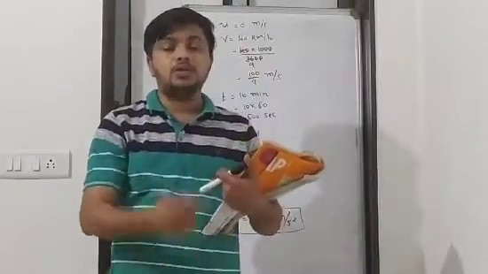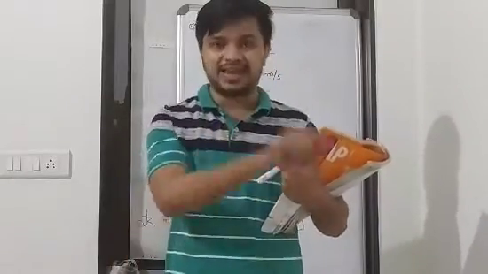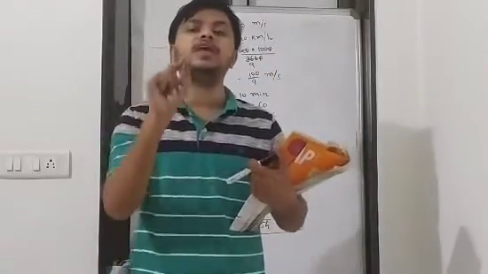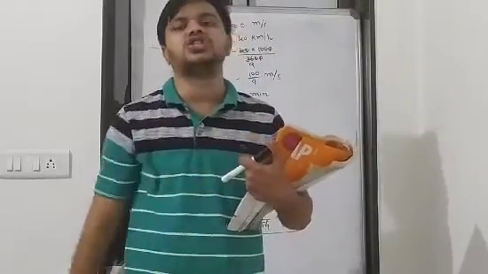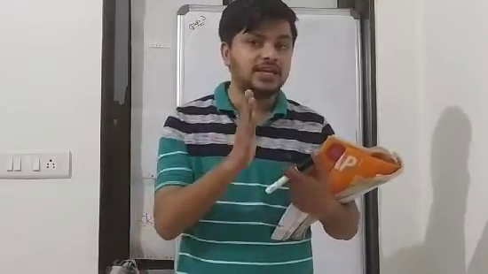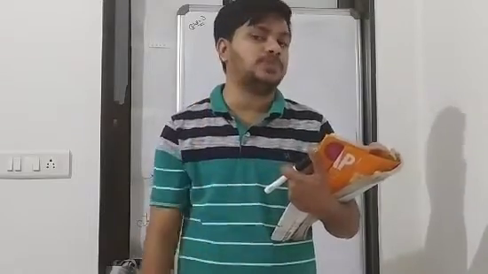During that time, the velocity increases by 9.8 meter per second in each second, right? So you can say that the acceleration is 9.8 meter per second square at each and every second. During that time, the acceleration of that object is uniform.